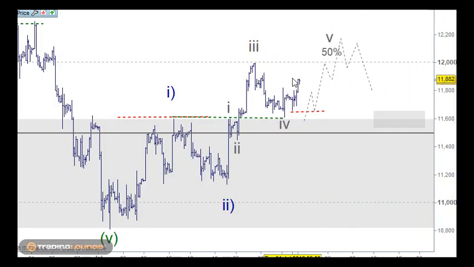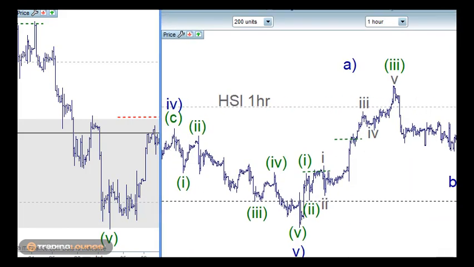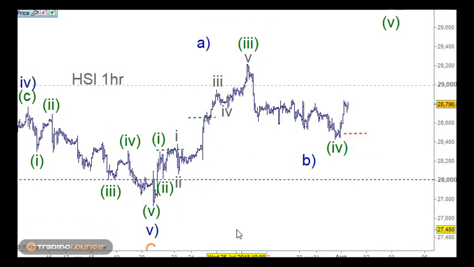So this particular wave 4 here has been quite time consuming, and we've also got that in the Hong Kong market. So we've got this as wave 1 here and wave 2 here, and then we're counting 1 and 2 and 3 and 4 and 5 to the 3rd wave. We're looking for the 4th wave to pull back, but the 4th wave here is really super huge.